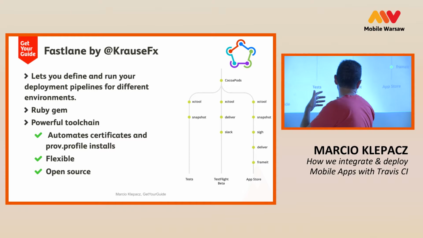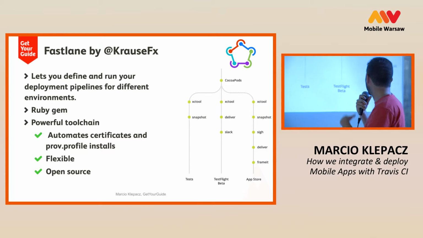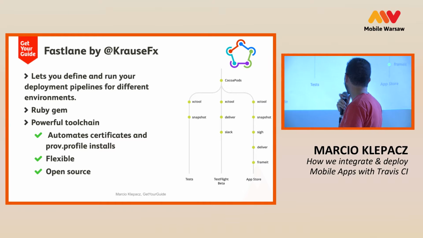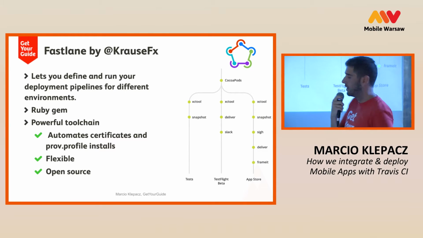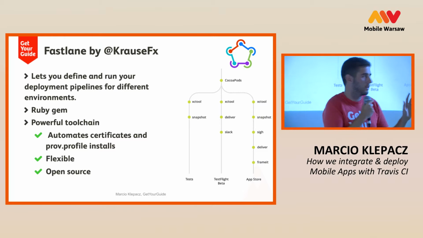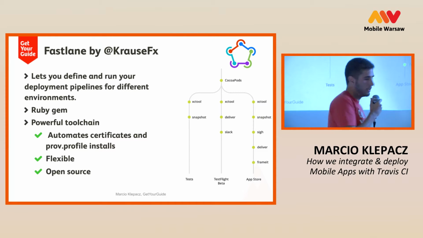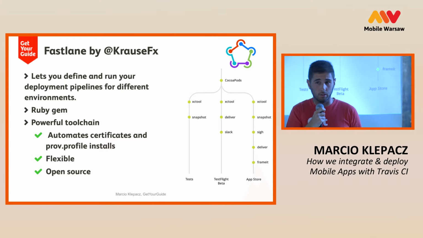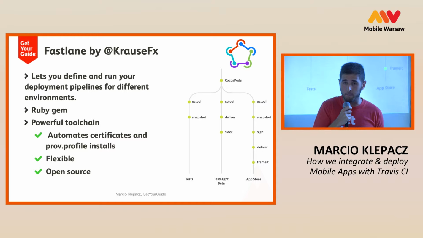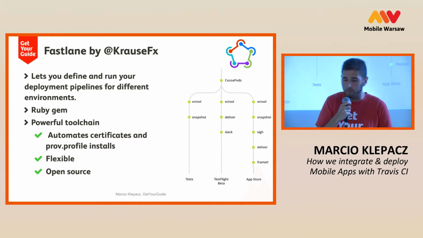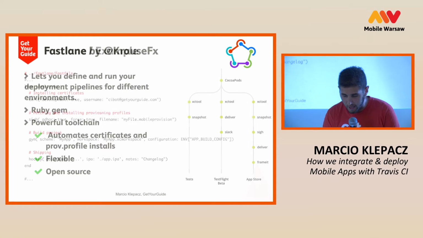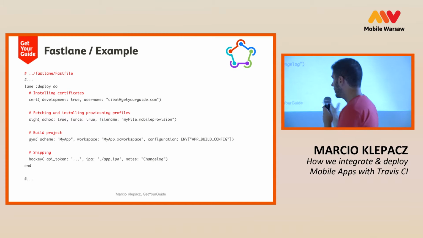I want to build the app, get the provision profiles, and ship it right away. If I want to just run tests, I define a lane for test. You can do everything easily, no manual configuration stuff. And it's open source, which is great. It's also a Ruby gem. So if you're proficient in Ruby, you can also do whatever you want there. It's very flexible.